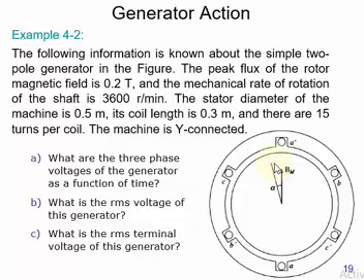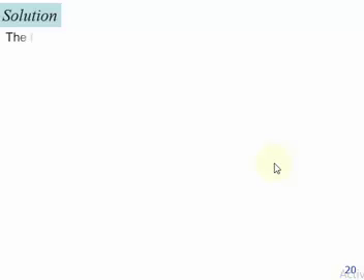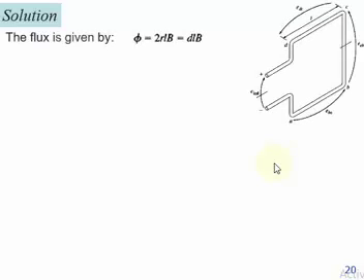For the RMS terminal voltage of this generator, we will use the formula as discussed earlier. As we know, the flux can be found by AB, or you can also write it as 2RLB.